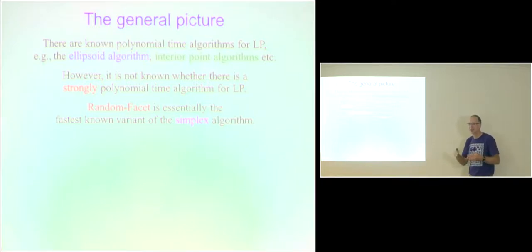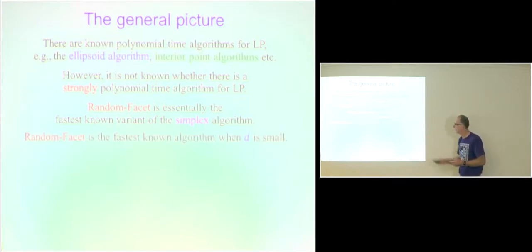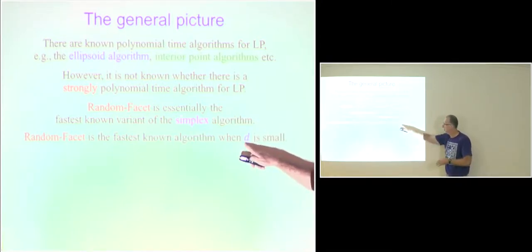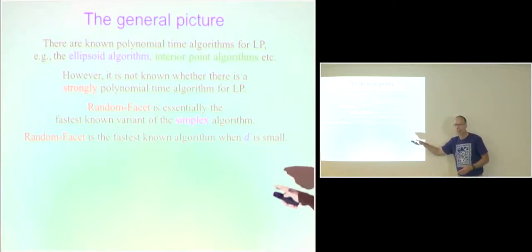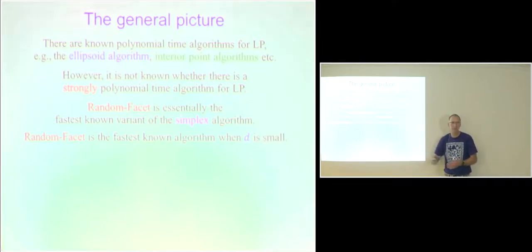Right now we don't have a strongly polynomial time algorithm, we have a strongly sub-exponential algorithm for linear programming. Another advantage is that it's essentially the fastest known when the dimension d is small. For example, for problems in computational geometry where d is constant, this is much faster than using interior point methods.